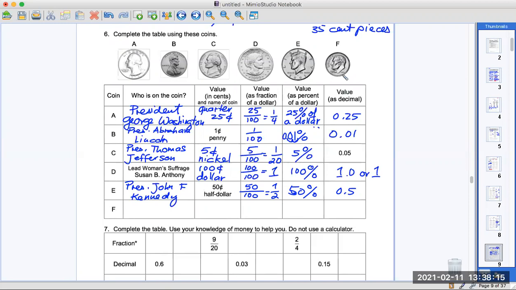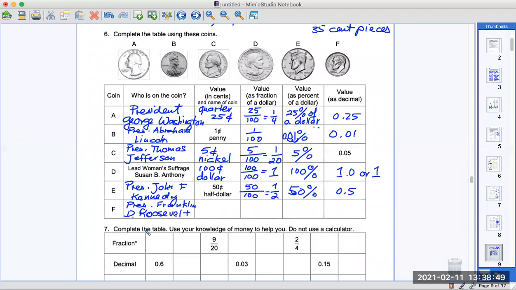And the last one is our dime, which is 10 cents. And the president is Franklin D. Roosevelt. I think his middle name is Delano, Franklin D. Roosevelt. And I think he had trouble with his health. I think that was him that was paralyzed when he was a kid, but he got over it.